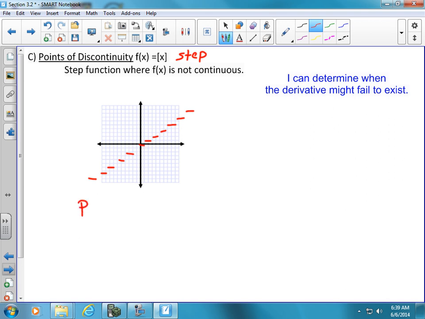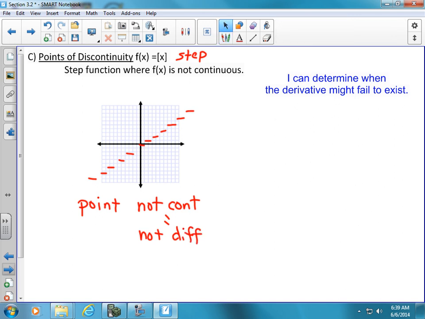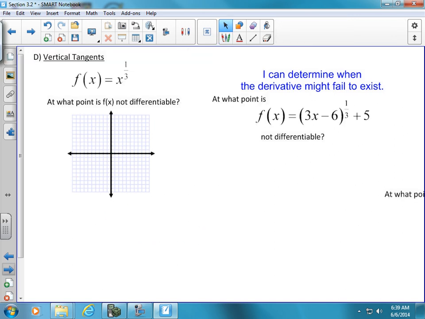Okay, so at points where this function is not continuous, that also means not differentiable.